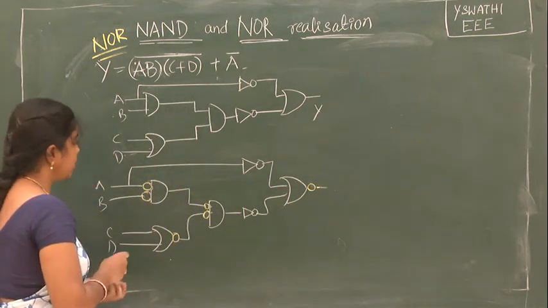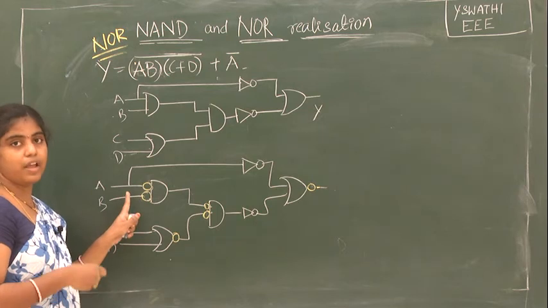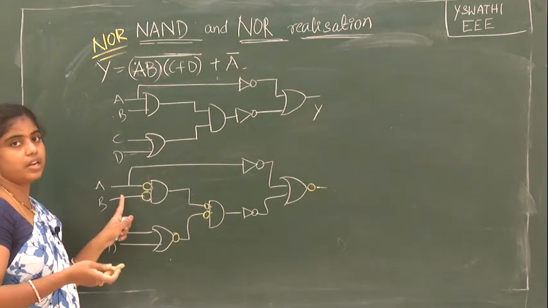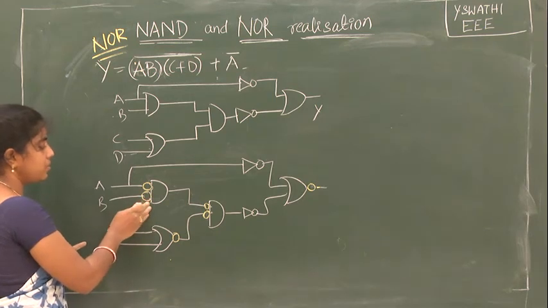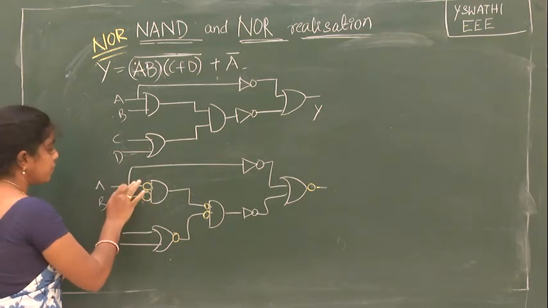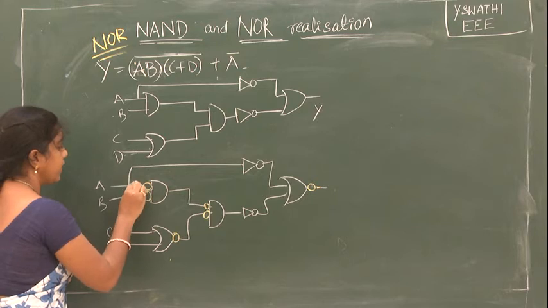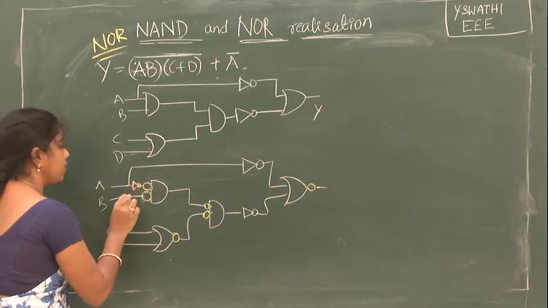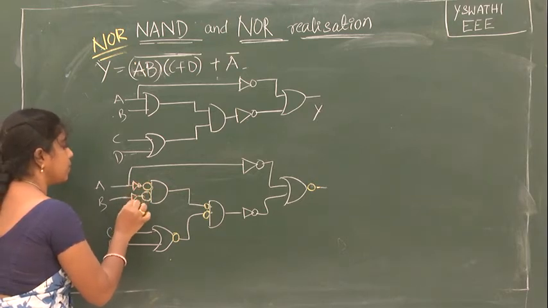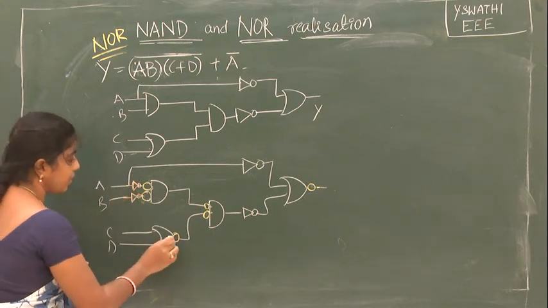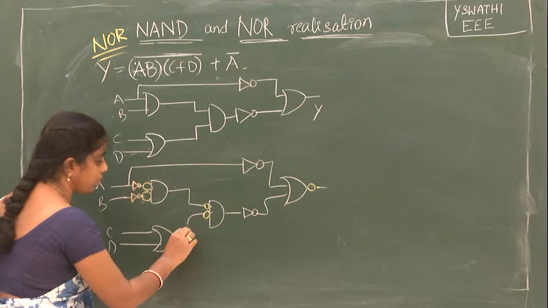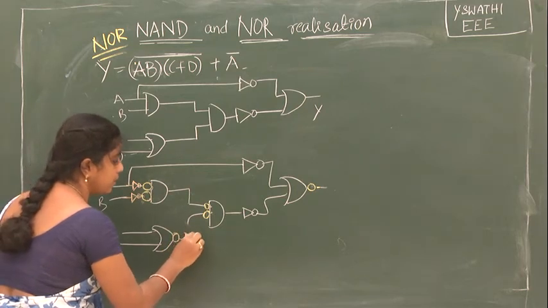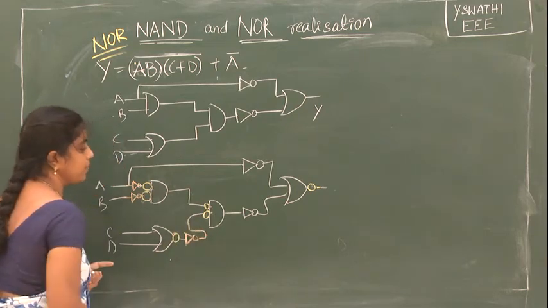So where we introduce a bubble, we have to add a NOT gate or an inverter before or after it. Here in the inputs, I have introduced a bubble, so I have to introduce a NOT gate here. Now I have introduced a bubble at the output of the OR gate, so I introduce a NOT gate here.